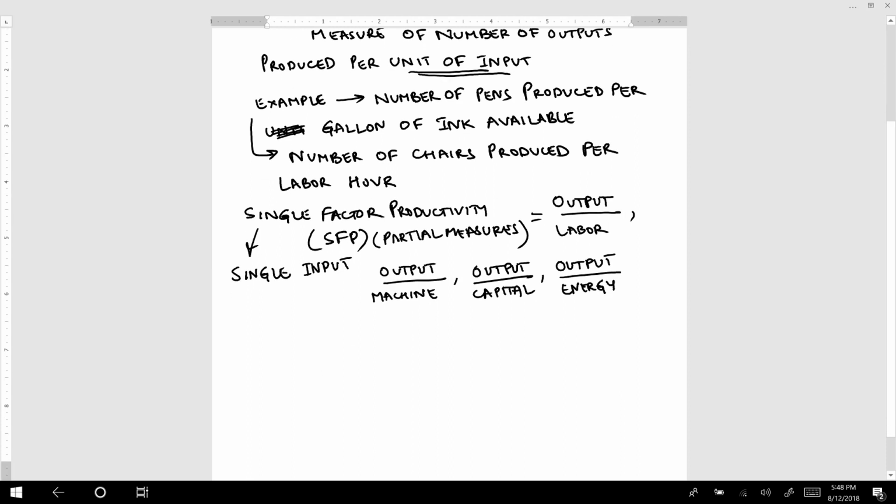And then we will have multi-factor productivity. As the name specifies, it will have multiple inputs.